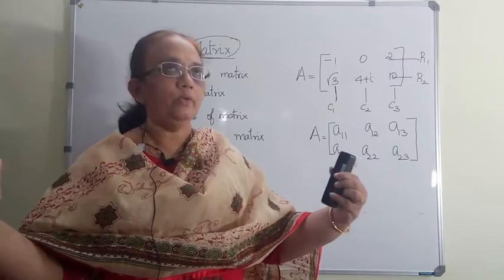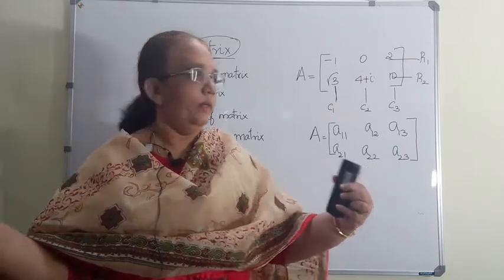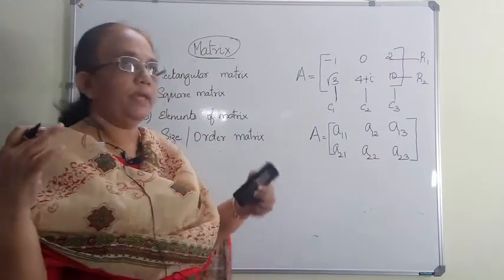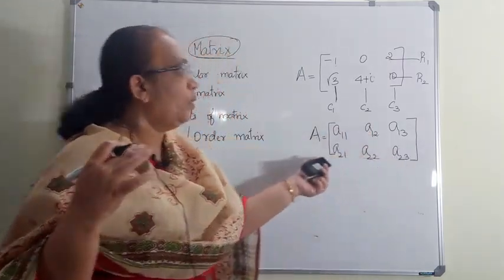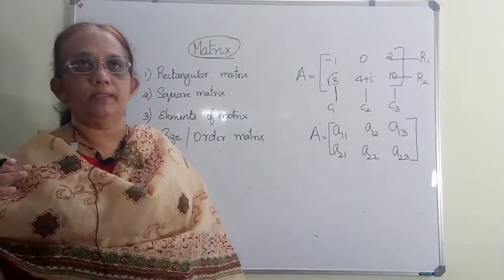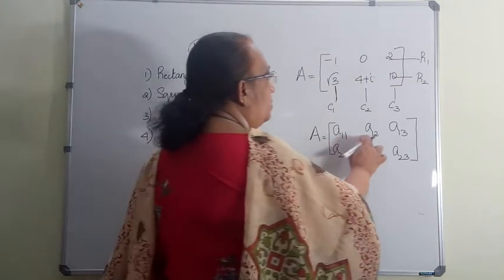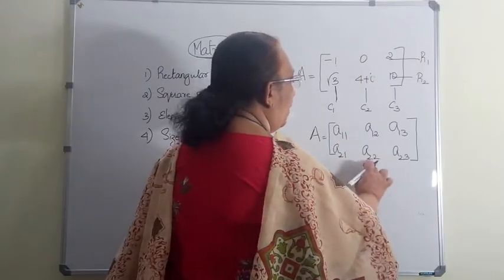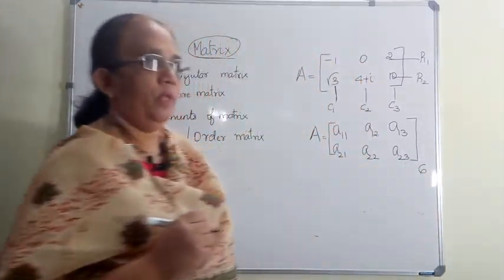When you say size of the class, it means how much it can include. So, in this matrix, what is the size? It represents the total number of elements in the matrix, which is 1, 2, 3, 4, 5, 6. Size is equal to 6.